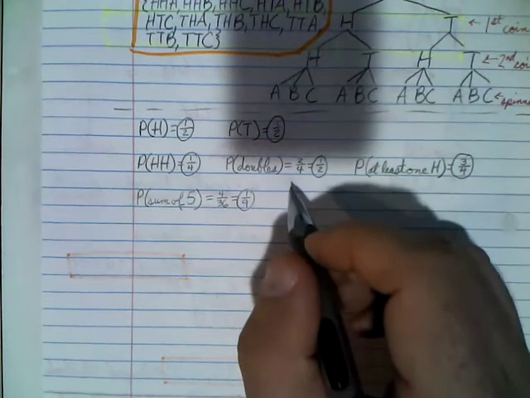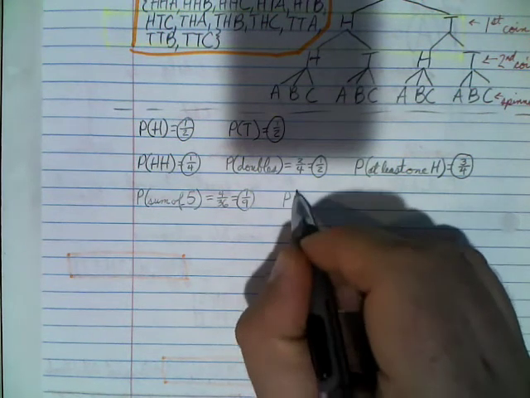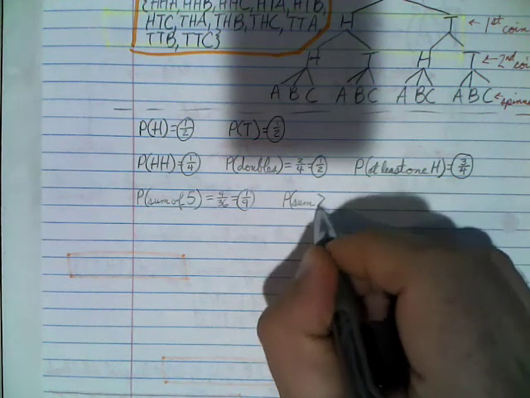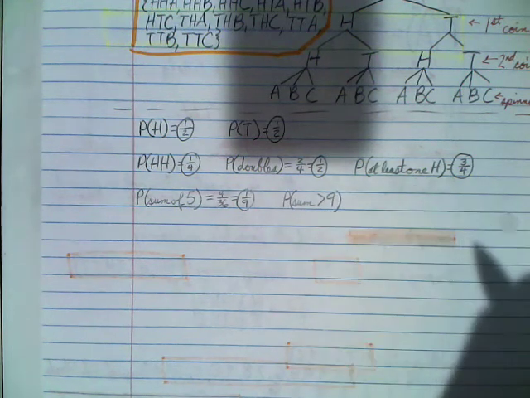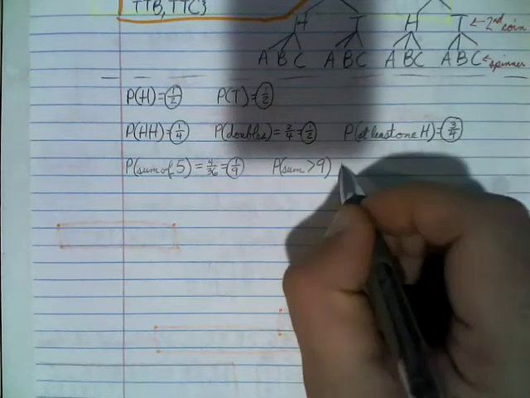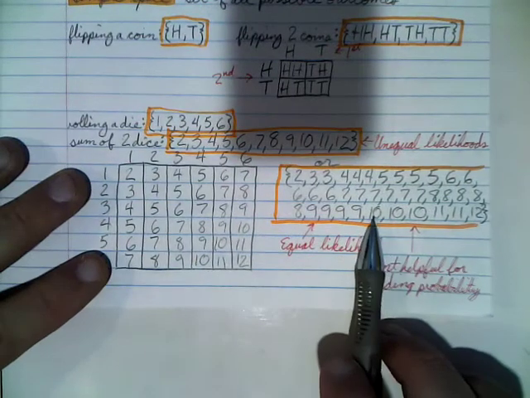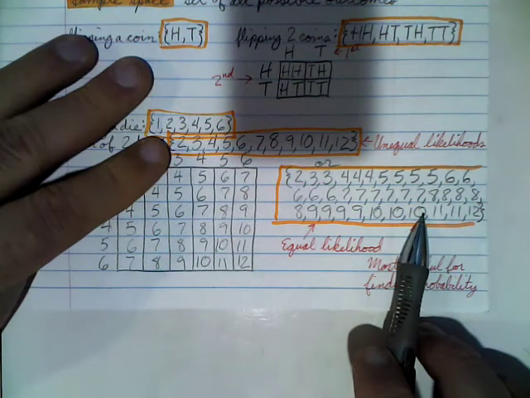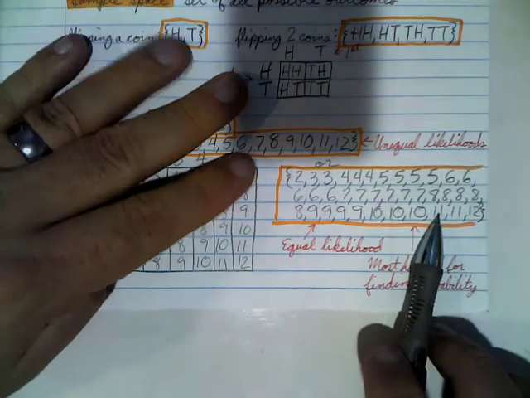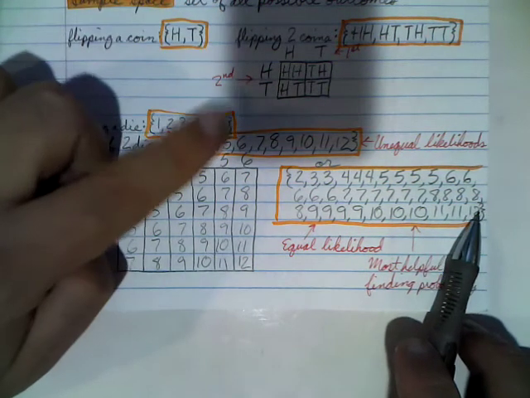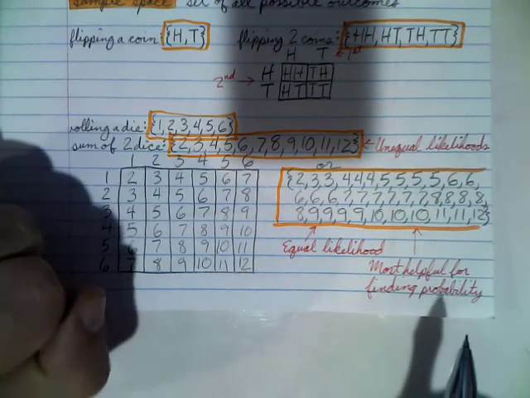So if I asked you instead for the probability of a sum greater than 9, then if we look at our sample space, well, 10 is greater than 9, 10 is still greater than 9, 10 is still greater than 9, 11 is greater than 9, 11 is greater than 9, and finally 12 is greater than 9.